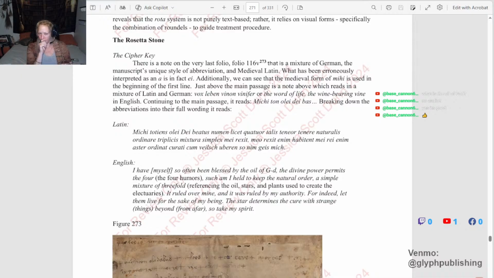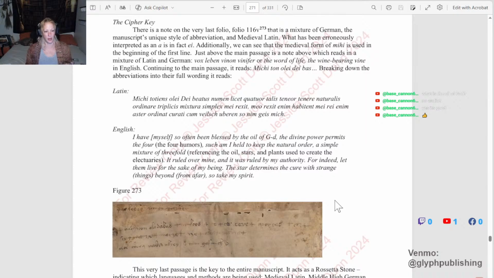So this is the cipher key, and for lack of a better word, that's what I call it. But to be honest, it's not a classical cipher. It is a linguistic cipher at best.